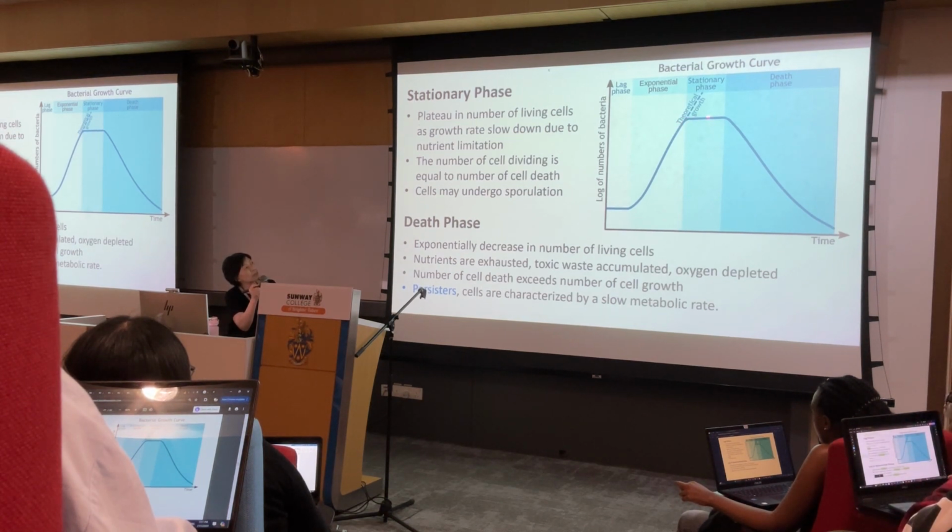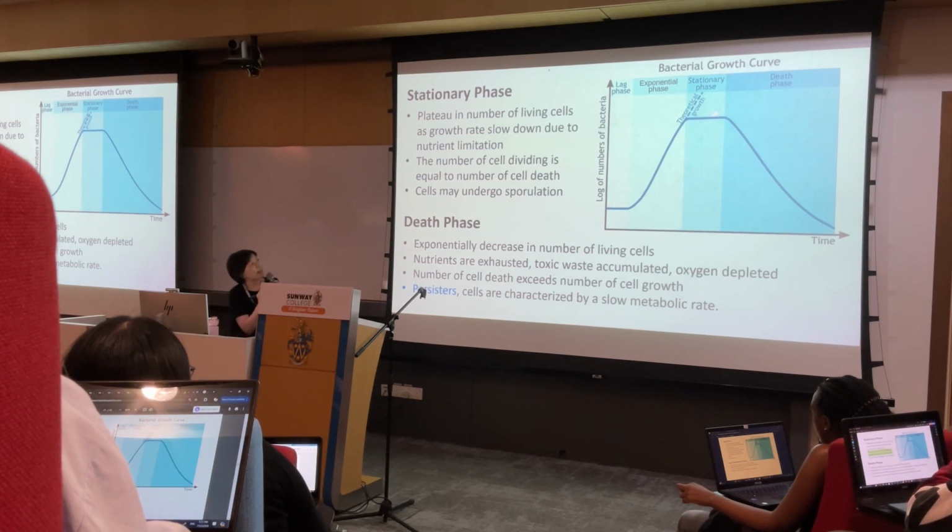So this is called plateau. So the plateau means that they are not growing anymore, but no cells are dying as well. Or you can explain it in a way that the number of cells dying and the number of cells growing is the same, undergoing the same rate. So the curve is a flat plateau.